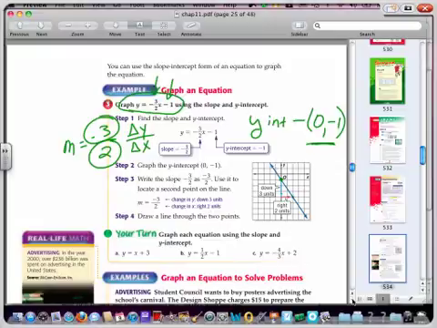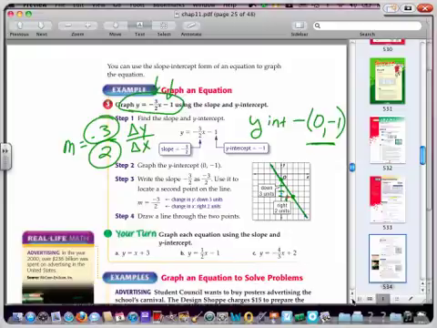Negative means down if I'm talking about y. So I'm going to go down 1, 2, 3. And positive for x means to the right. So I'm going to go 1, 2. Now here's another point. Once I have 2 points on the line, that's easy. Now I can just draw the line through those 2 points. So I only need 2 points to create the line, and we're going to do that.